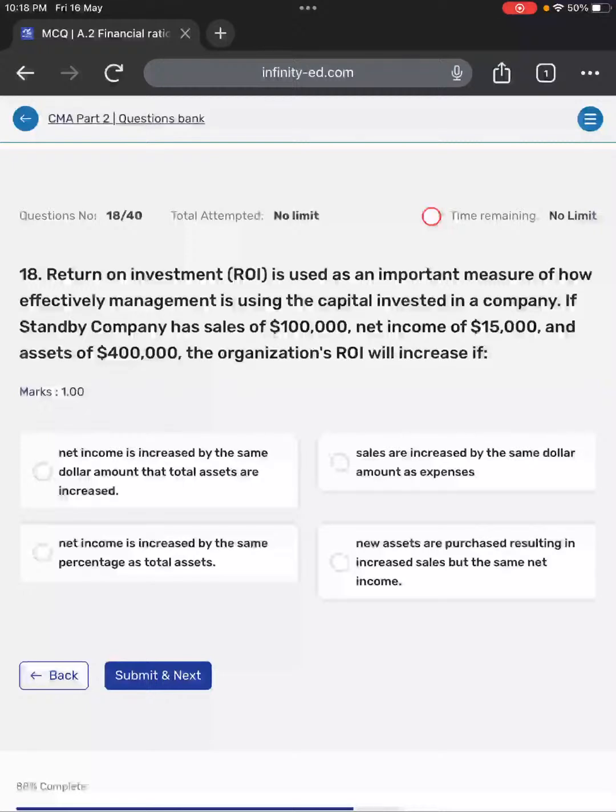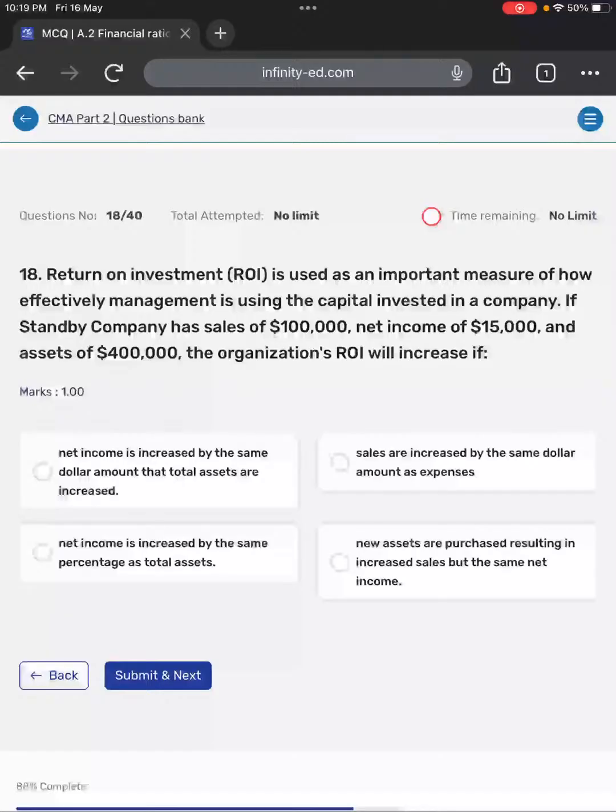Return on investment is used as an important measure of how effectively management is using the capital invested in the company. If the standby company has sales of 100,000 and net income of 15,000 and assets of 400,000, the organization return on investment will increase if: option A, net income is increased by the same dollar amount that total assets are increased.